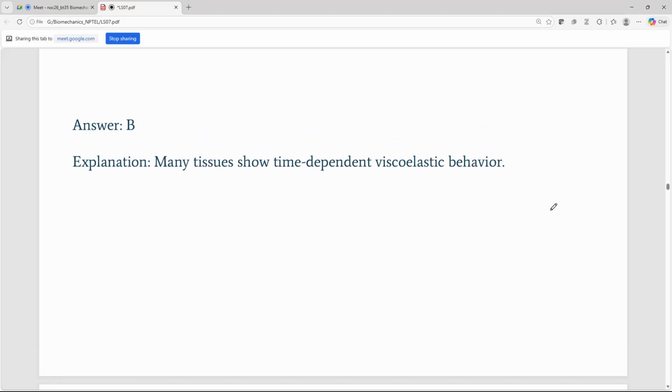And this is time dependent behavior. So, you may be wondering what is time. Stress by time.